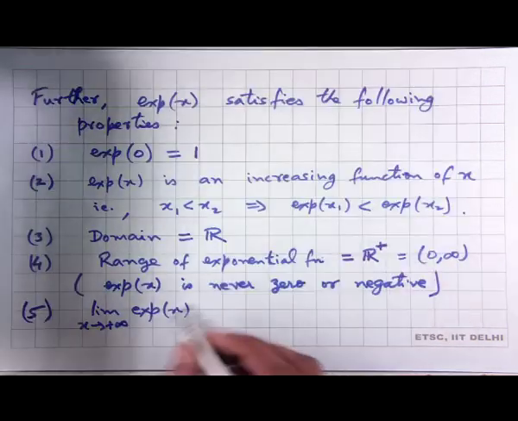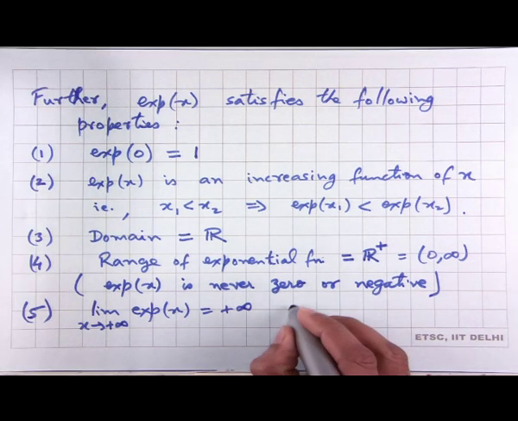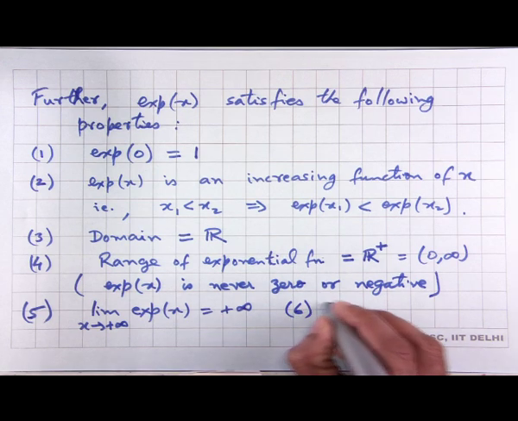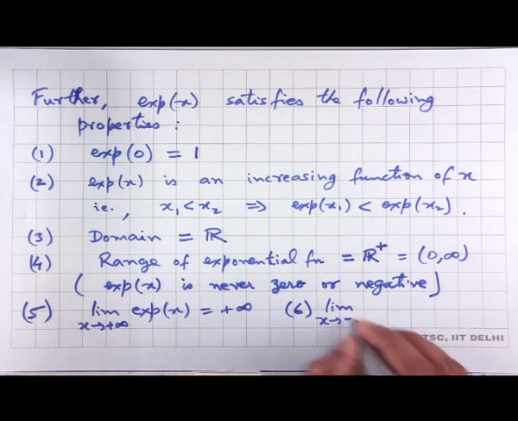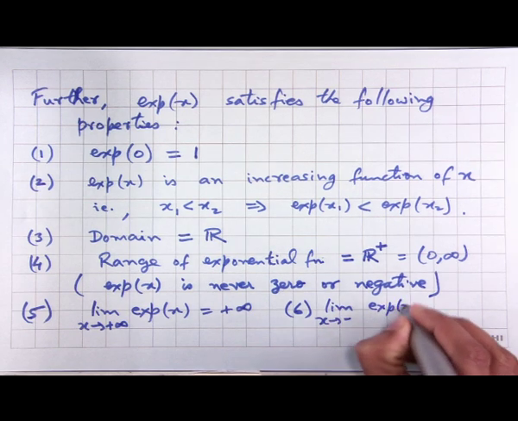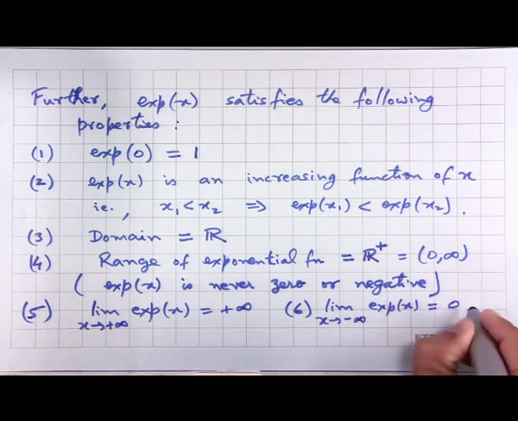So, therefore, this limit must be equal to positive infinity. And the other one, which is not very obvious here, is that the limit of exp(x) as x approaches negative infinity is equal to 0.